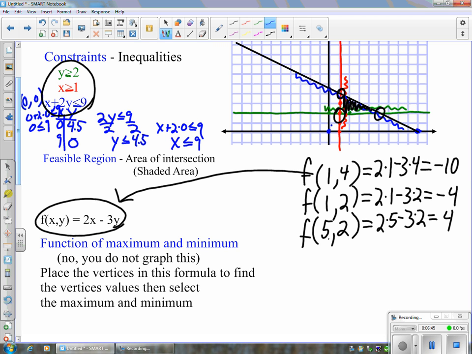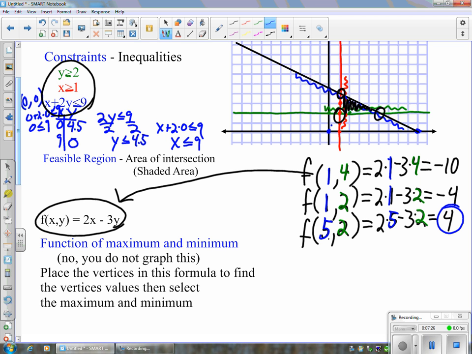Do you notice I'm just taking the 1 and putting it in the x spot, the y in the y spot, and putting it in that same formula to find the values. Now that I have these three values, negative 10, negative 4, and positive 4, I can select which of these three is the maximum. I would say the maximum is going to be this 4.